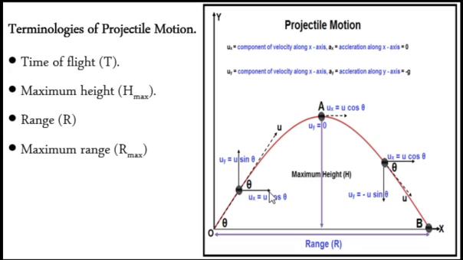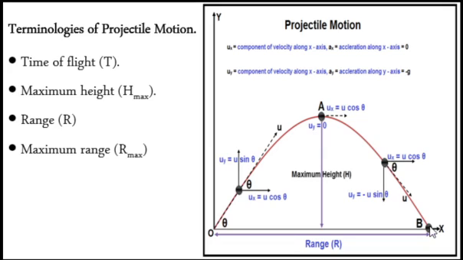The horizontal component is constant at every point, while the vertical component varies from one point to another. It reduces from the point of projection to the maximum height. When it gets to maximum height, it reduces to 0. So at maximum height, our uy or vy is equal to 0. And when the body is coming down, then the uy is becoming negative, till it lands at point B.